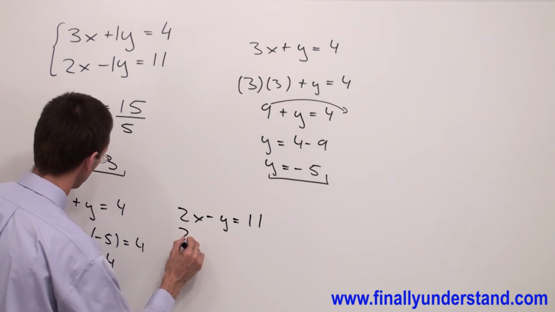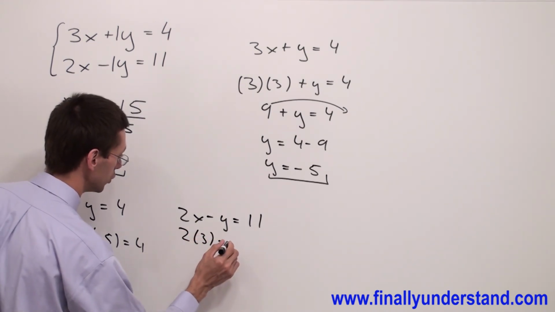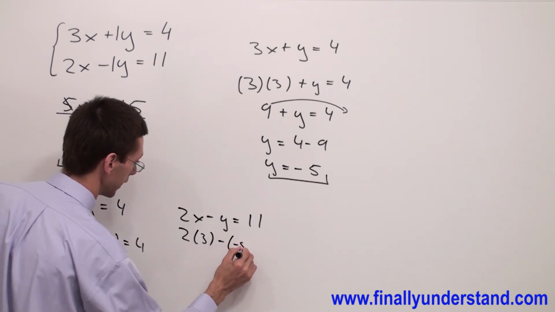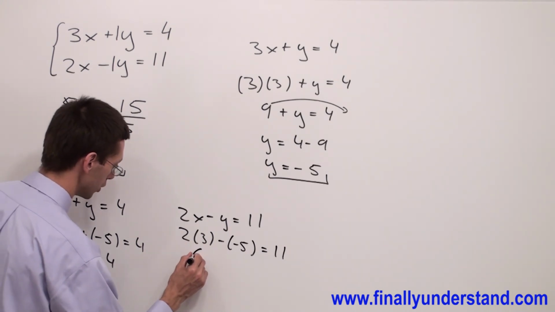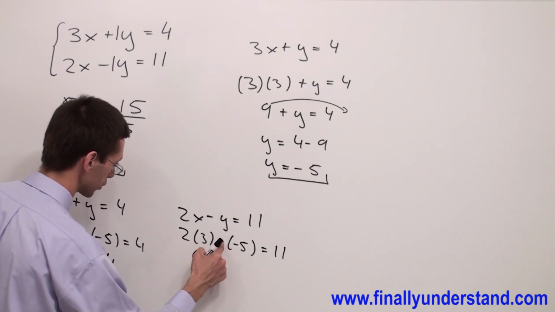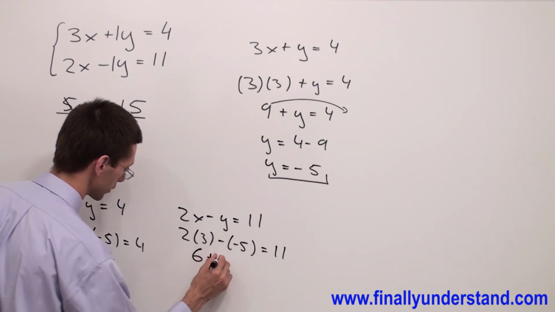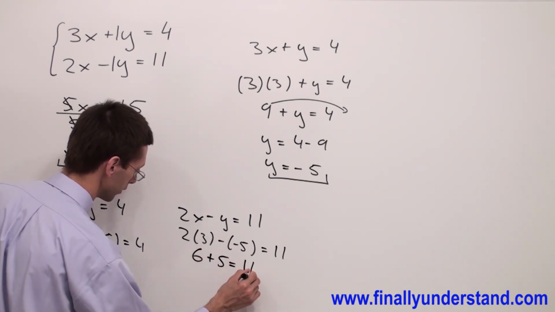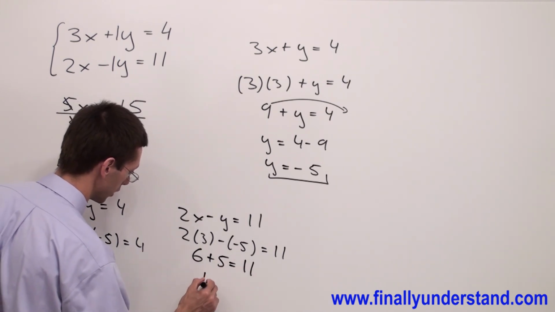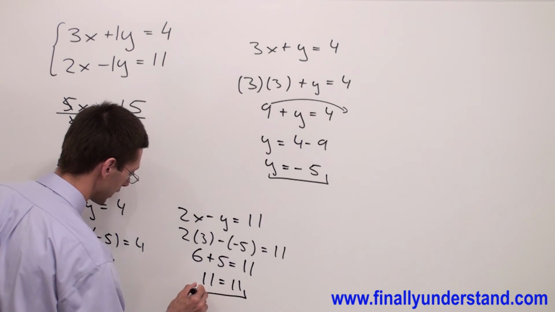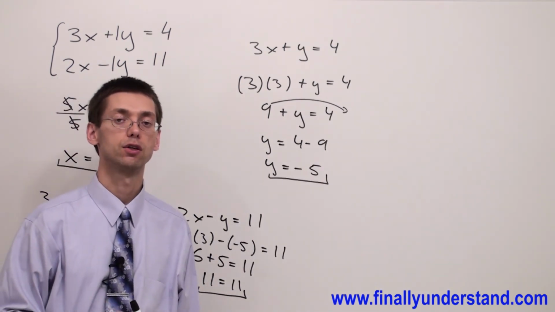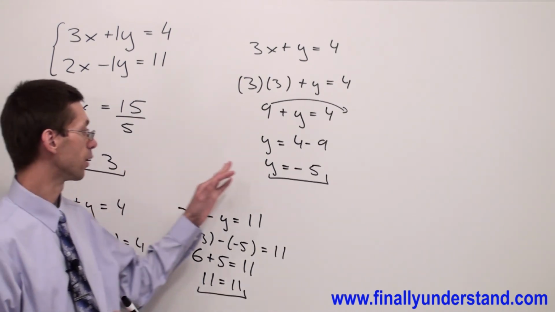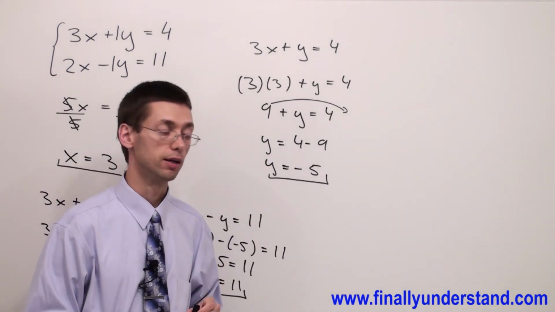I have 2 times 3 minus negative 5 equals 11. 2 times 3 is equal to 6. 6 plus 5, because negative times negative is positive, is equal to 11. 11 is equal to 11. The left side is equal to the right side. So this is the proof that my x coordinate is equal to 3 and my y coordinate is equal to negative 5.